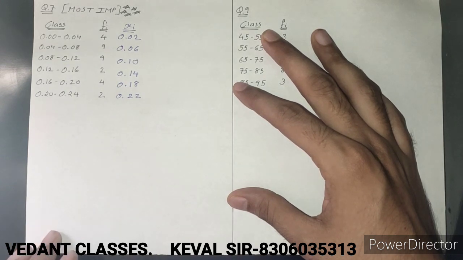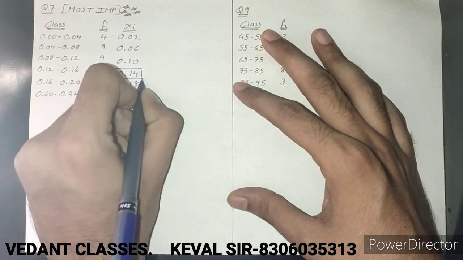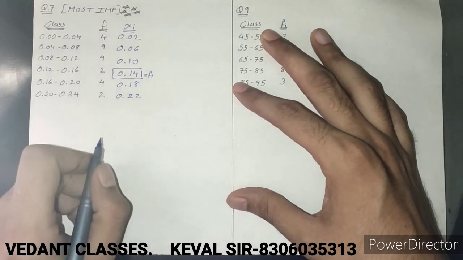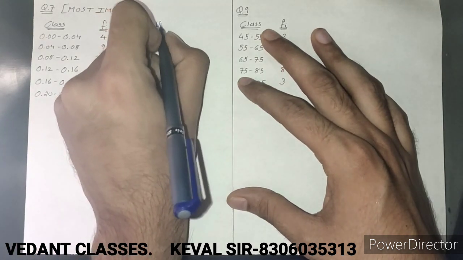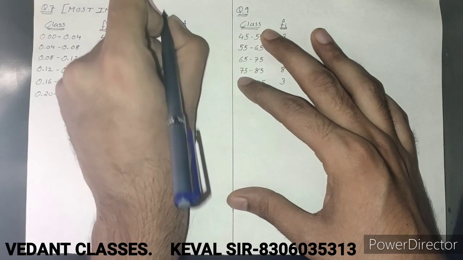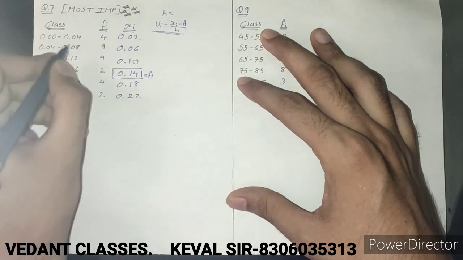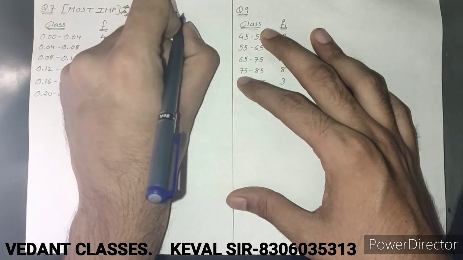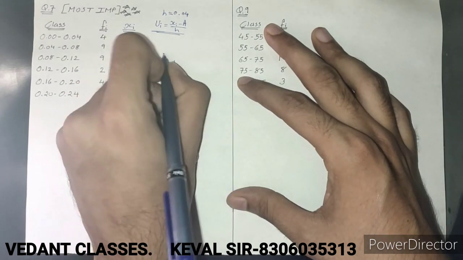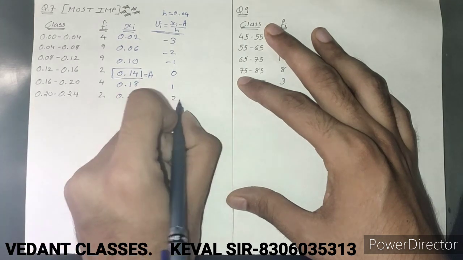Okay, now let's assume the value of a. Let's consider it as a 0.14. Okay, now let's calculate the value of ui, that is xi minus a by h. What is the value of h over here? Just subtract these two values and you will get the value of h. So it is 0.04. Just write 0 over here, then minus 1, minus 2, minus 3. It's 1 and 2.